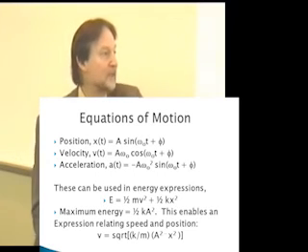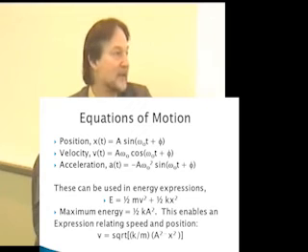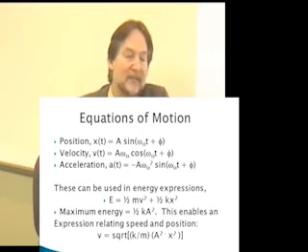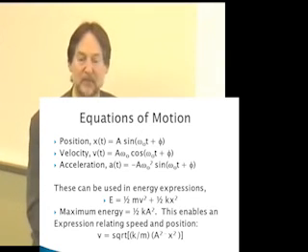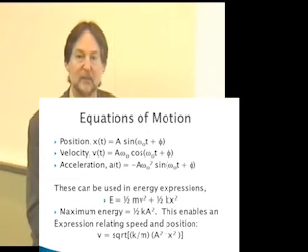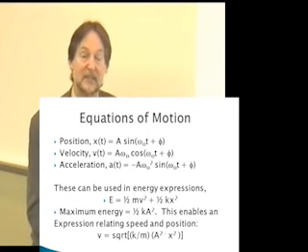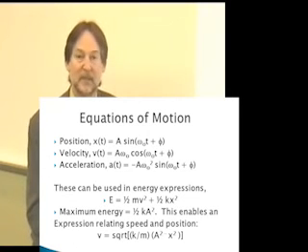Finally, the acceleration, as required, is opposite, negative A omega squared times the sine again. Notice that the acceleration is a sine function, as is the position. x is also a sine function.